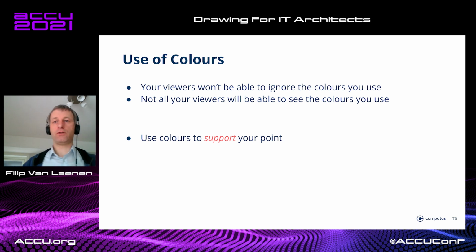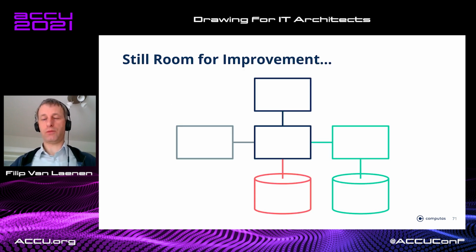So use colors only to support your point, but not as a single thing to differentiate between two shapes. A lot of people will have difficulties seeing the difference between the green and the red part of this drawing. So there's still room for improvement for this drawing.